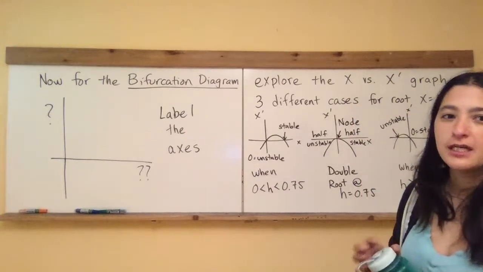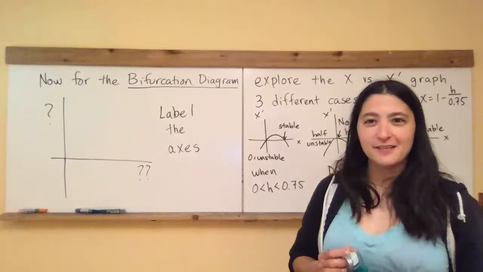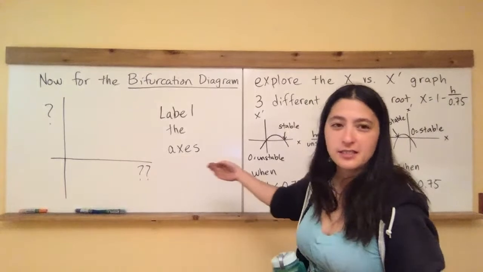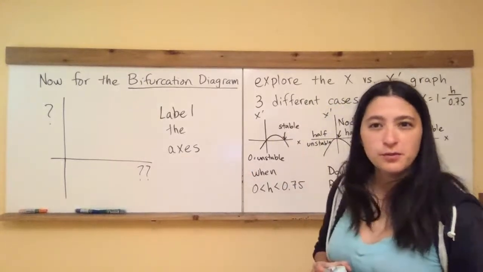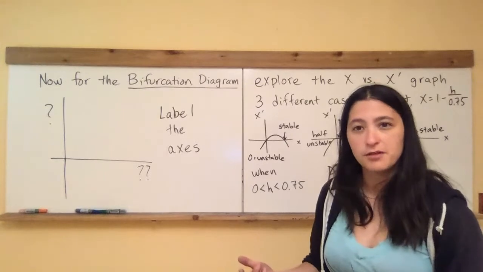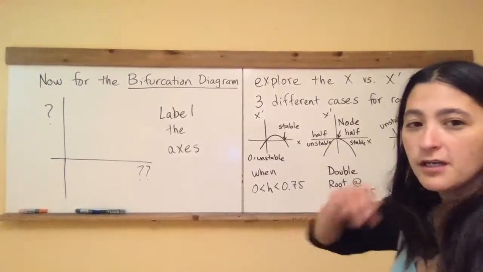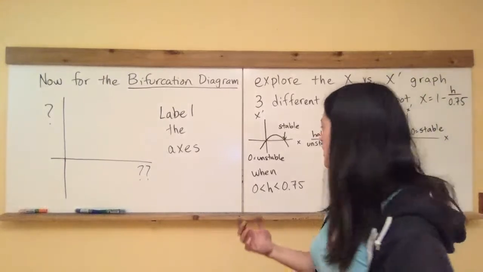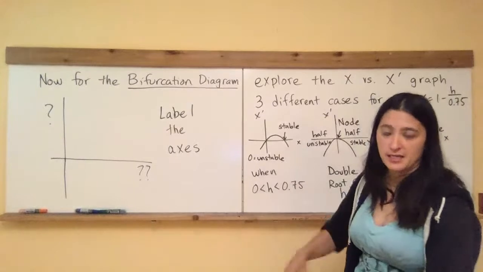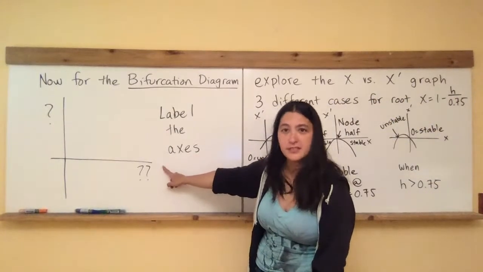So thirsty. X and H. Exactly, right. Now, which one of those things goes on the horizontal axis? Somebody told me that X and H are the things that I need to write down. H is the parameter of interest. H is the parameter that we're manipulating over here. And X is going to be the locations of the equilibria points. Which one of those things should I put on this axis?